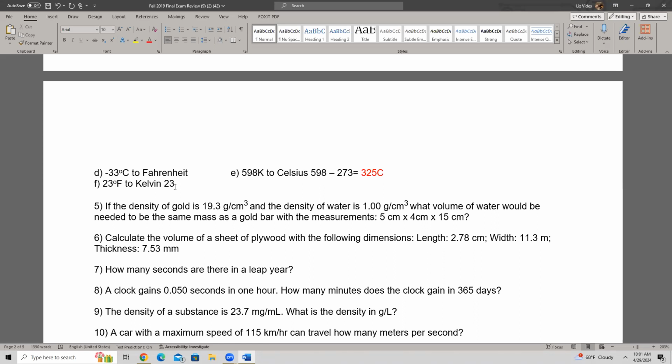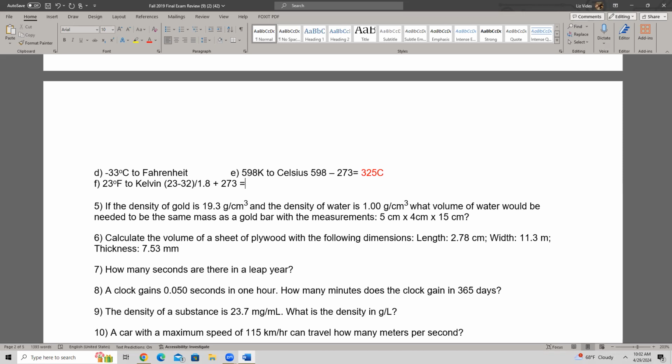We're subtracting 32 from it because we're going to Celsius and then dividing it by 1.8. And from there, we're adding 273. So that's actually the whole process to do that.